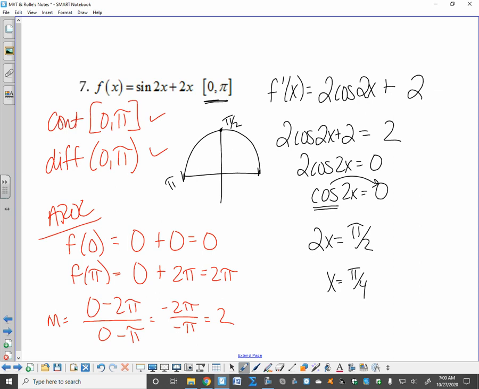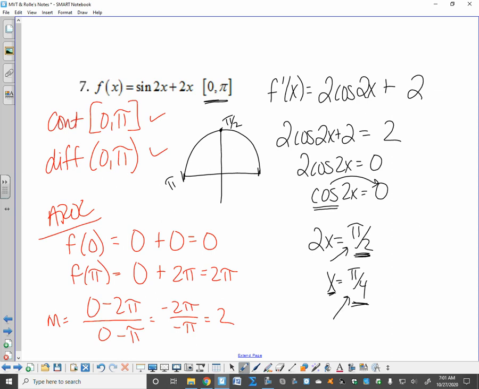All right, here's the fun part. I need him to be in my interval because he is my C value. And pi over 4 is in my interval. But what I did was I chose pi over 2 because pi over 2 is the only place on the unit circle where cosine equals 0 that's in my interval. But I don't need this to necessarily be in my interval.